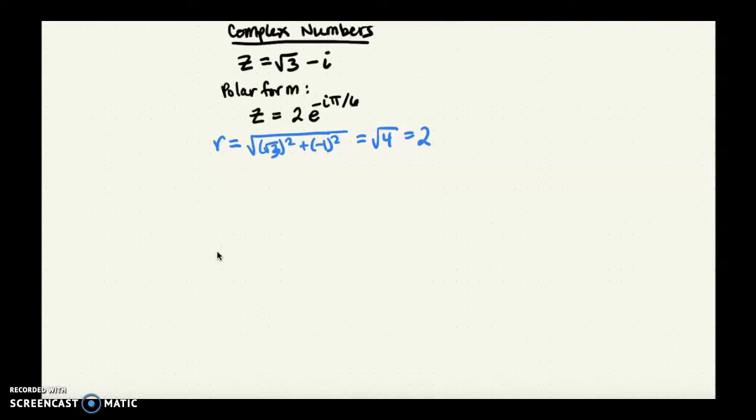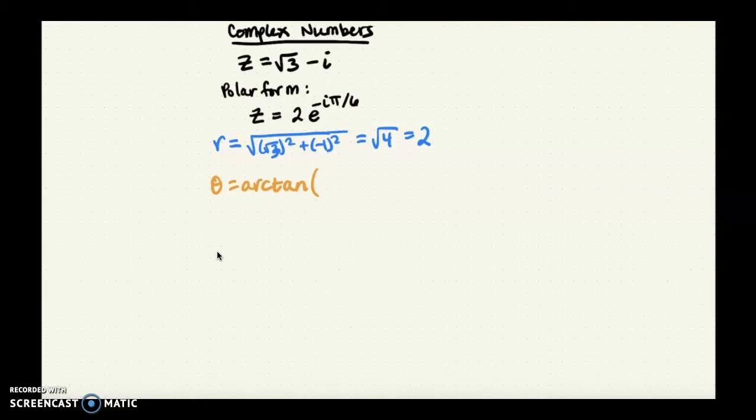We also have theta. So theta is arctan of b over a, so negative 1 over square root of 3. And we saw that if we're looking in the complex plane, I'll draw this line a little bit straighter. Okay, so here's the real and imaginary axes.